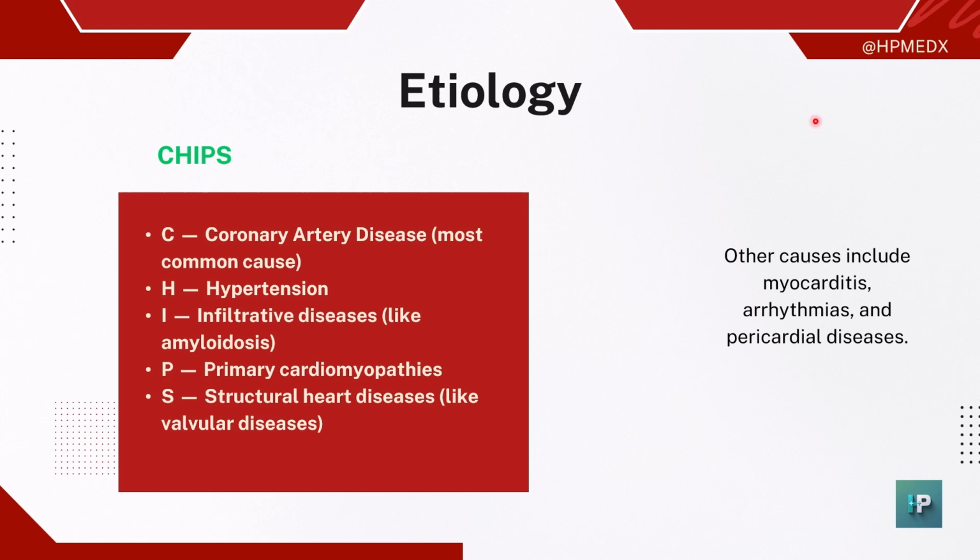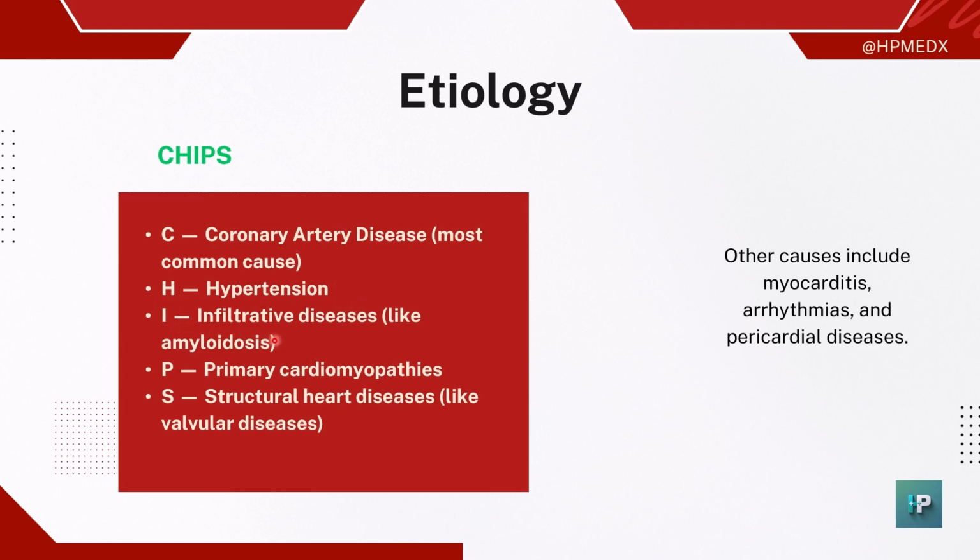And here we see the etiology. The etiology can be remembered by the mnemonic CHIPS. At first, C for coronary artery disease, and it is one of the most common causes. And hypertension, it is also an important cause of heart failure.